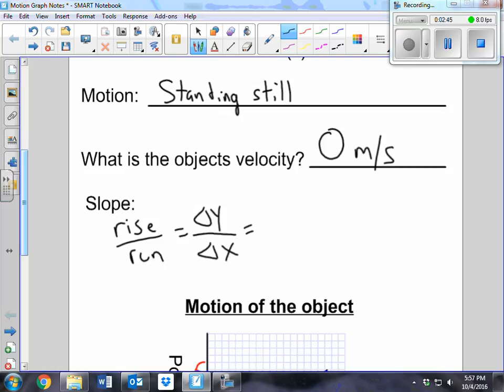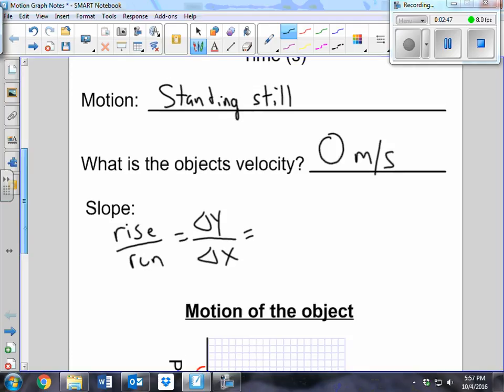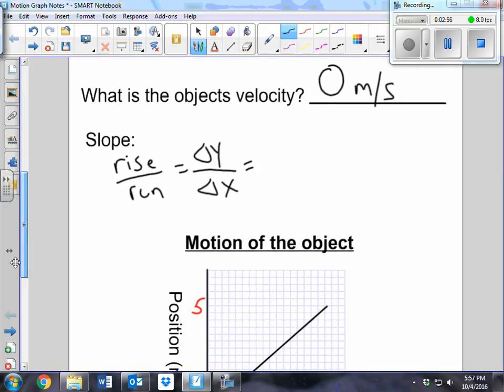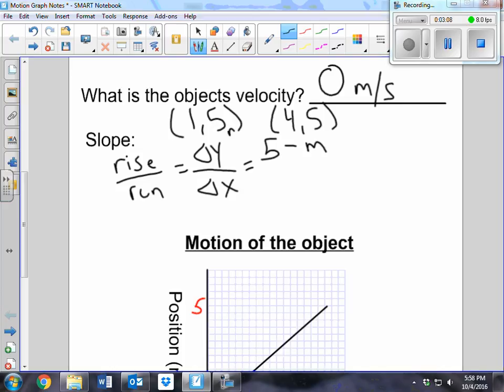So when you take a slope, you have to pick 2 points on the line. So let's pick 1 and 5, and let's pick 4 and 5. So my 2 points are (1, 5) and (4, 5). When I calculate it, I have 5 minus 5, and you'll have to forgive me, I did not do units.